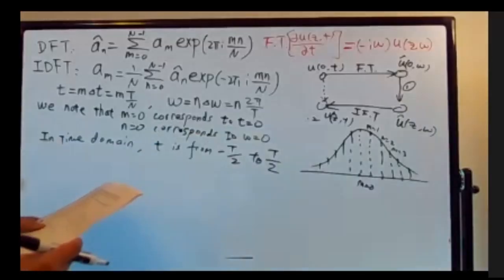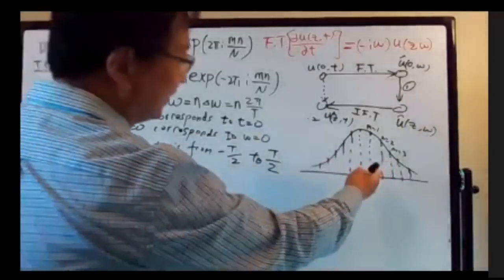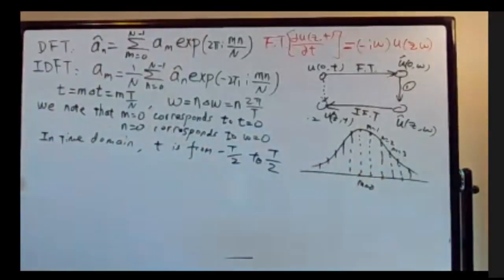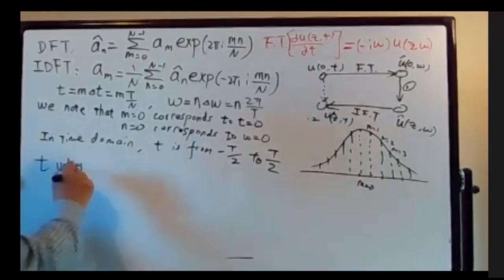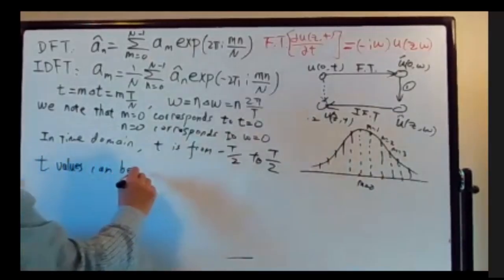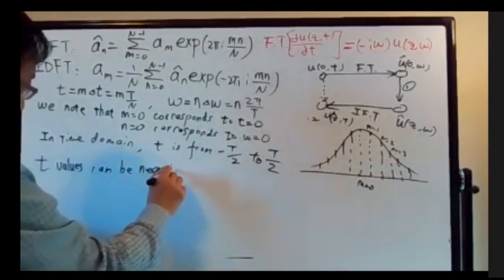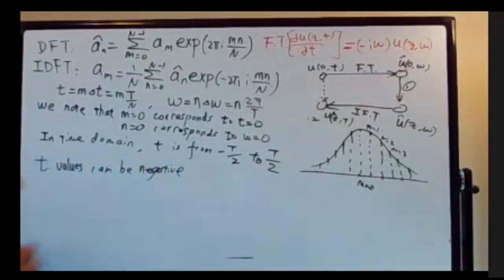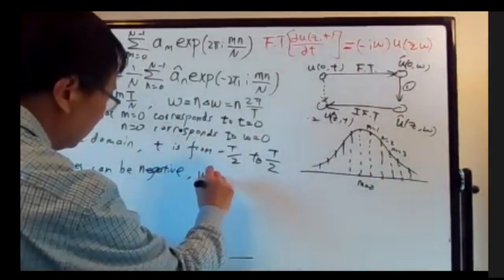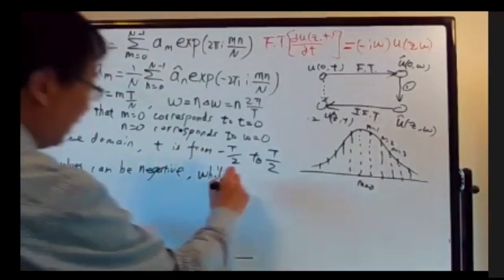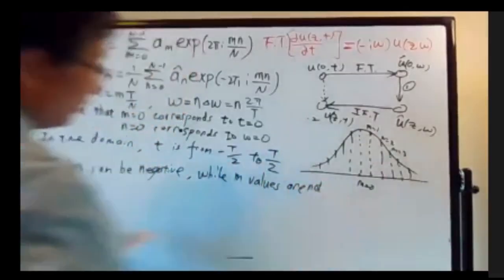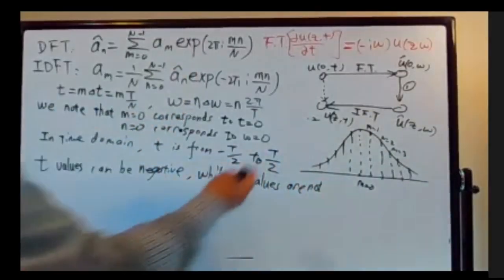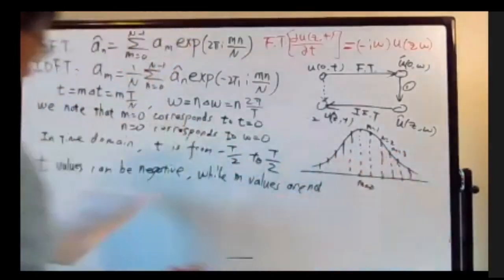Then we need to shift it. T values can be negative, while m values cannot. In the t values there are negative values, but m values cannot be negative.